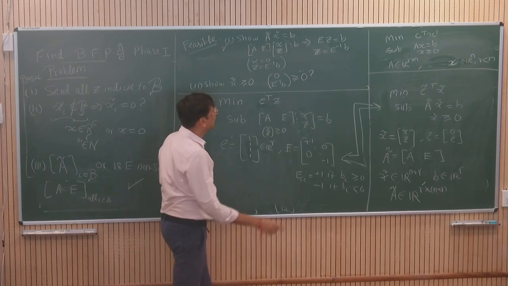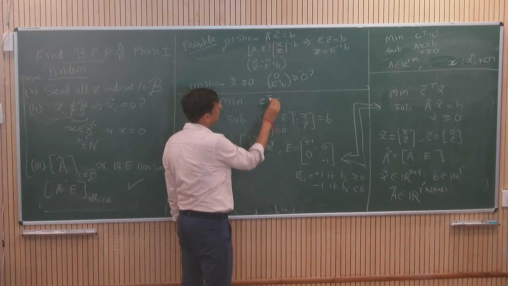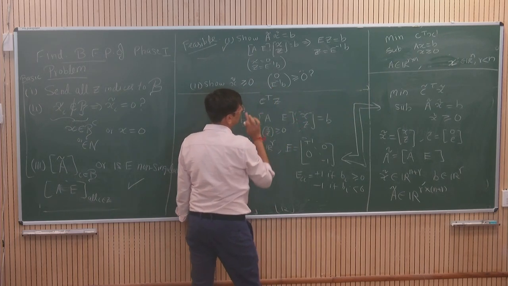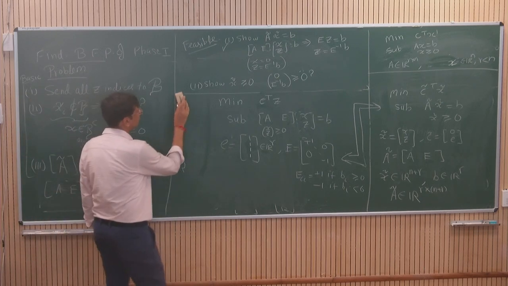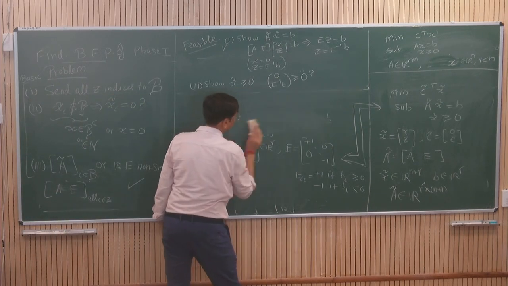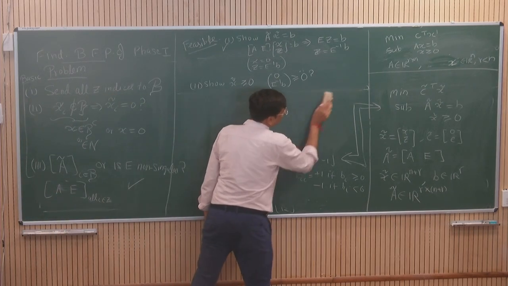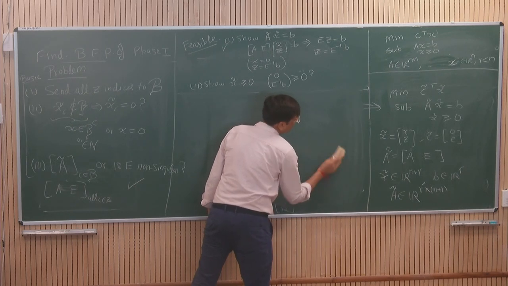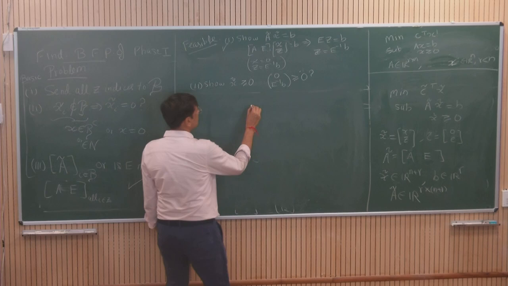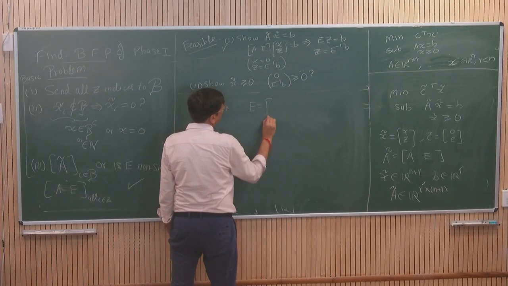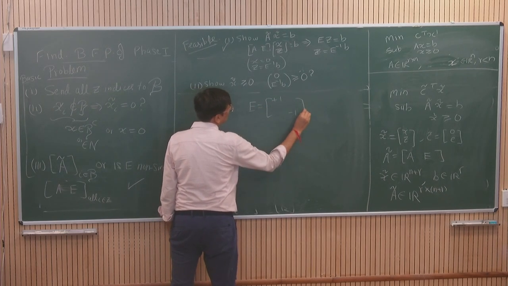Why? What is E inverse? It's written here actually. E was a matrix with plus ones and minus ones.